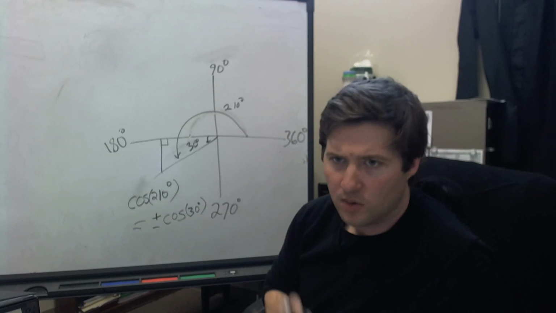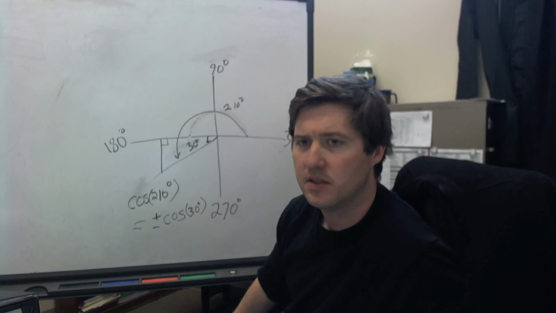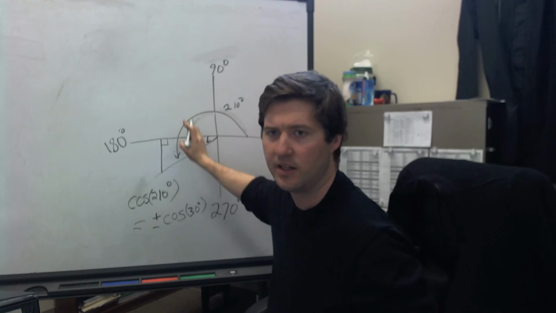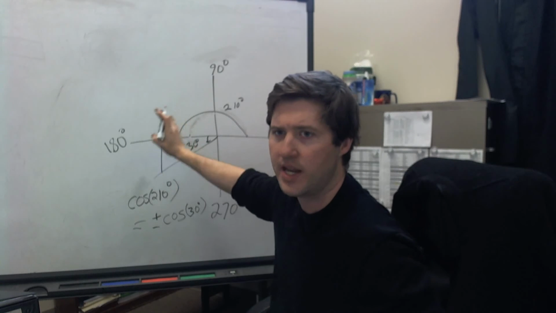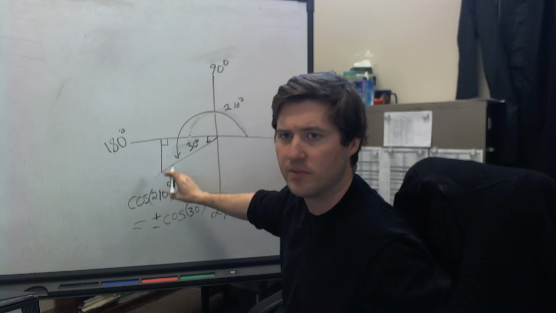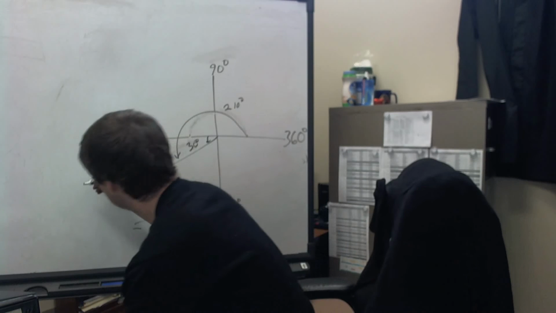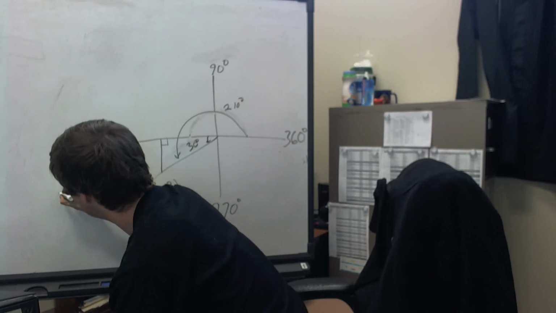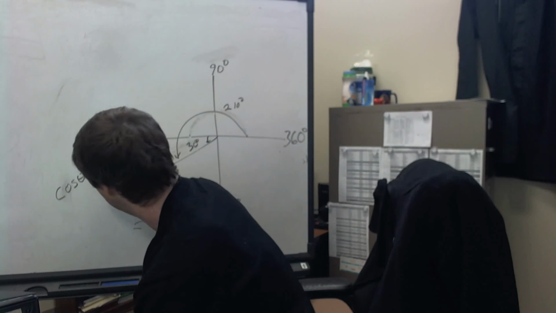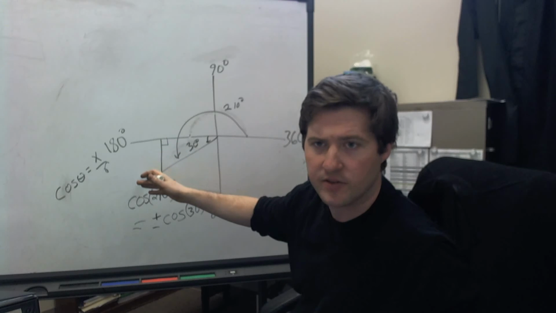Okay. So, part of this we can answer really easily. Is it positive or negative? Well, over in this quadrant, all of my x's are negative. All the x's are negative in quadrant 2 and quadrant 3, and we're in quadrant 3. And since cosine of whatever angle is x over r, well, x is negative over here.